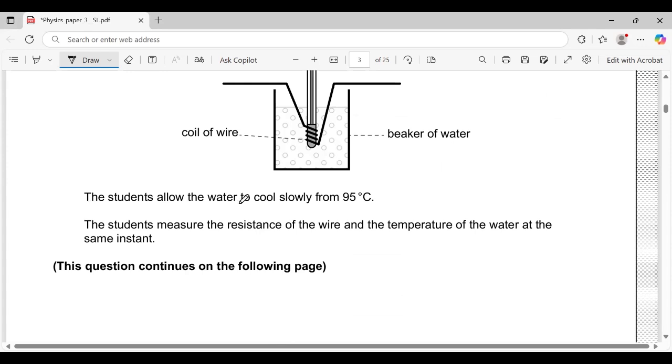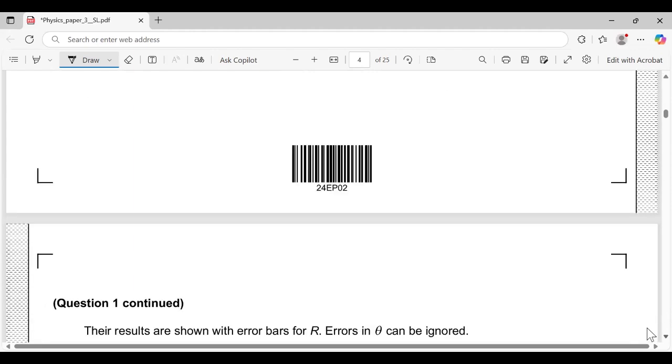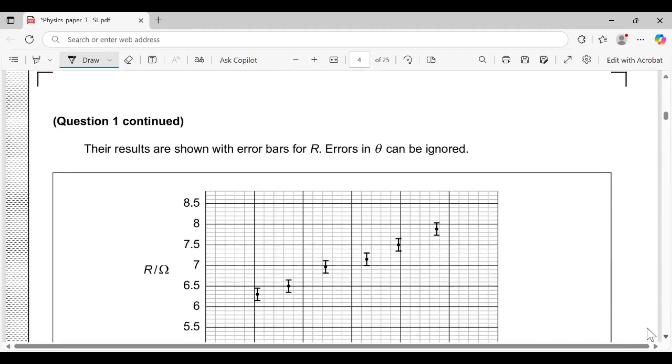The students allow the water to cool slowly from 95 degrees Celsius. The students measure the resistance of the wire and the temperature of the water at the same instant. The results are shown with error bars for R. Errors in theta can be ignored.